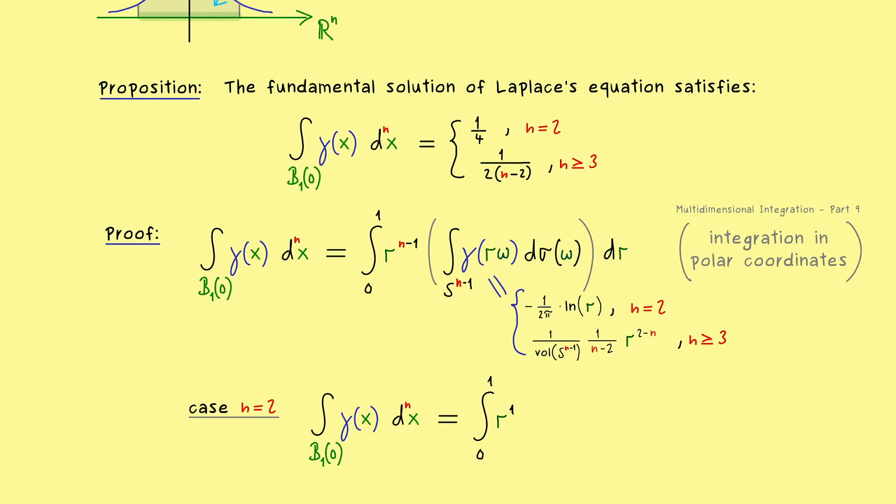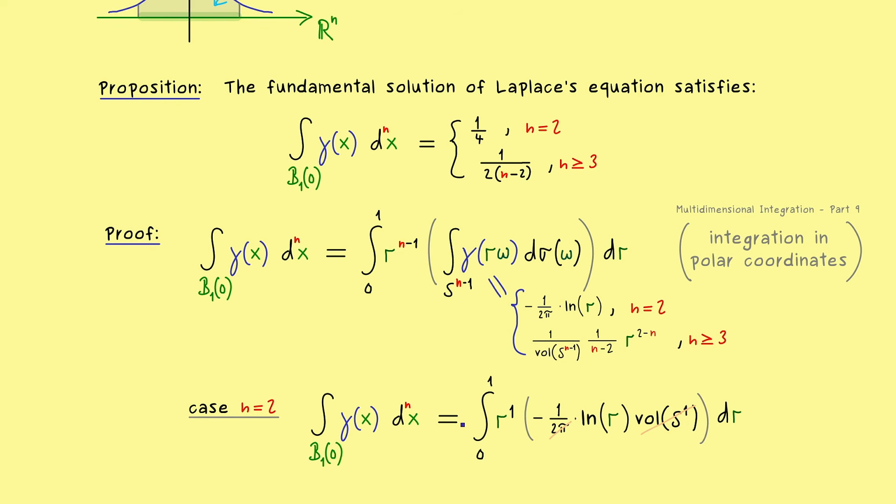Namely, what we get is just the generalized surface area of our unit sphere. So in the first case, this means we have the volume of S^1. And as discussed before, this should immediately cancel with our factor 2 pi there. So the only thing we have to integrate here is r times the logarithm of r.